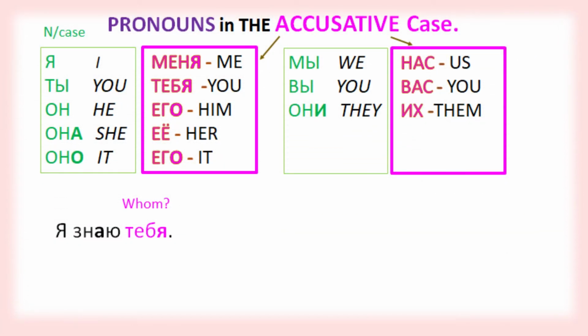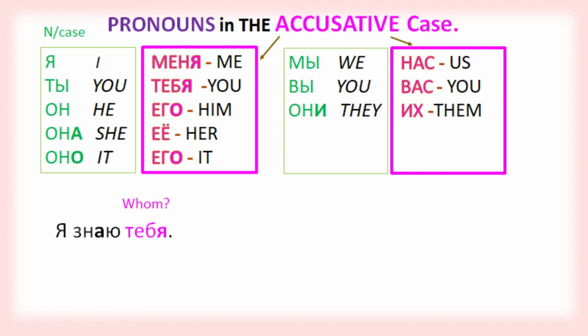Pronouns in the accusative case. Я, I, меня, me. Ты, you, тебя, you. Он, he, его, him. Она, she, ее, her.